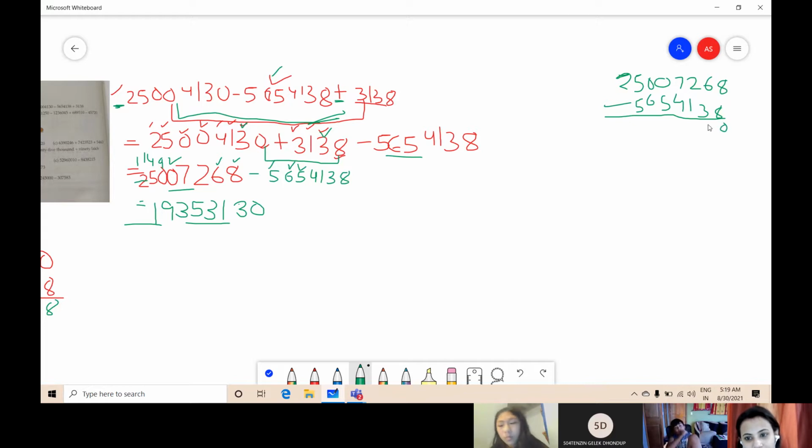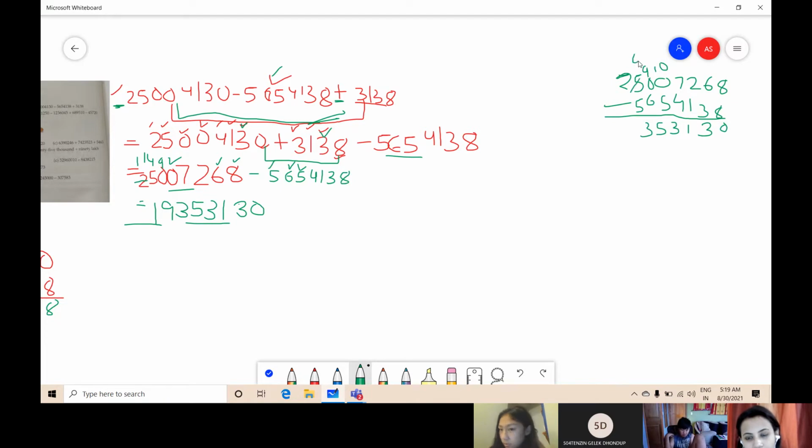8 minus 8, 0. 6 minus 3 will be 3. 2 minus 1 will be 1. 7 minus 4 will be 3. It will become 10. And 10 minus 5 will be 5. Now it will become 9, because we have given one carry. So 9 minus 6 will be 3. It will become 4.